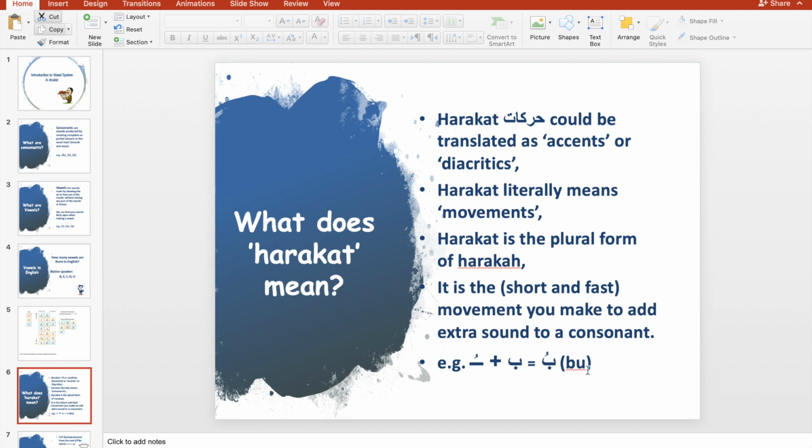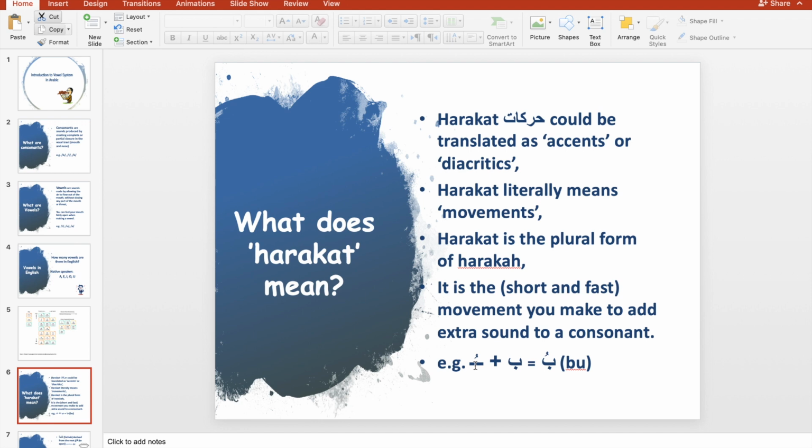For example, باء plus ضمة. باء is made when we get our lips close together to form a complete closure. Then we add another short, fast movement to the consonant ba.